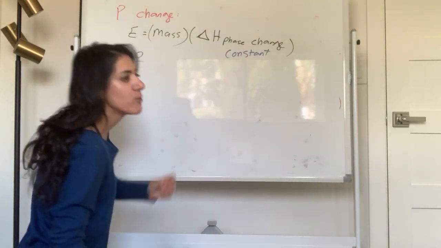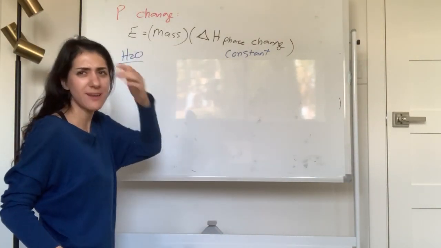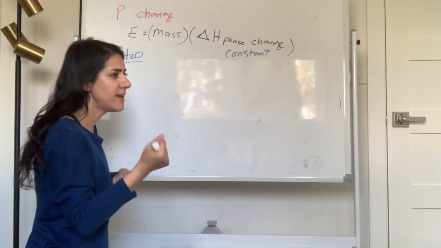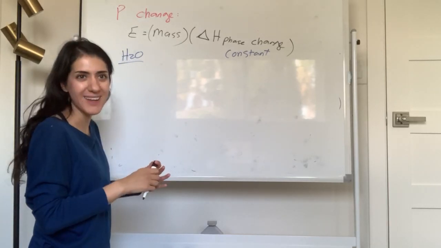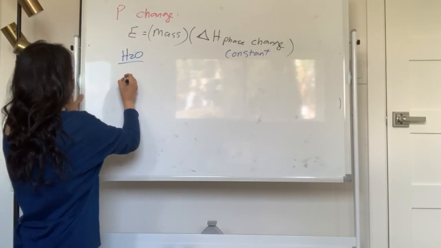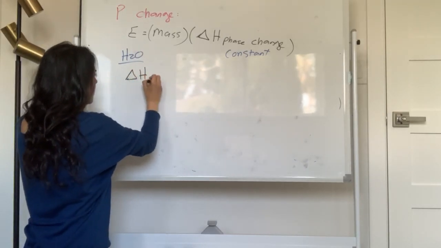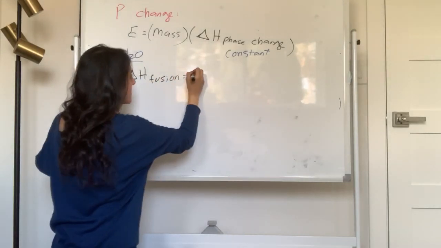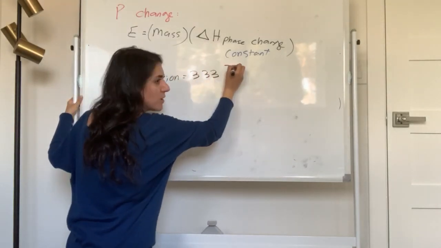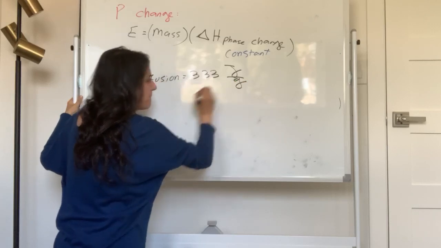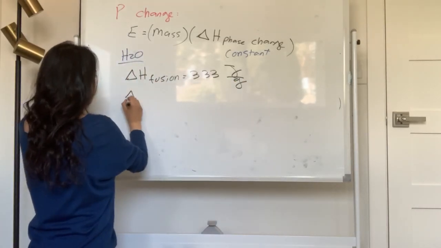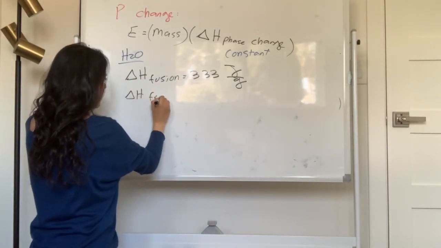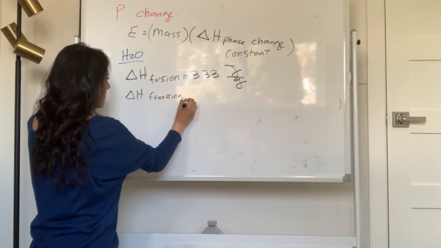So, phase change, we talked about it at the beginning of the lecture, right? We said that fusion is what? Is melting. So I have delta H of fusion, when solid goes to liquid. That number is 333 joules per gram. What's the opposite of fusion? It was freezing, right? Go back to the lecture at the beginning.